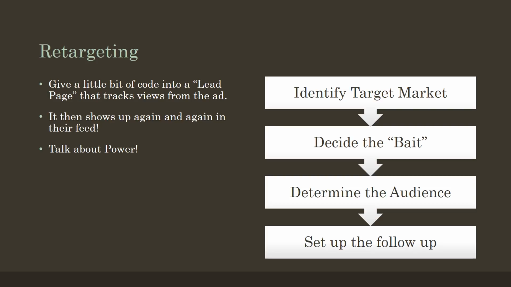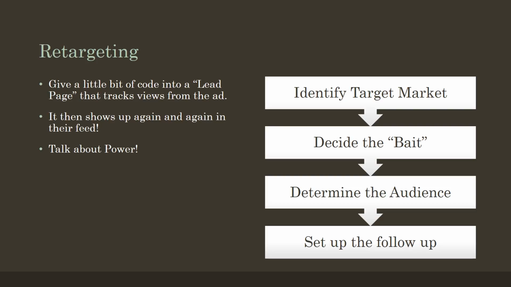So let's say that you have a real estate market and you're looking for people who want to buy a home in the next 6 to 12 months. Well, let's say they clicked on your ad, they went to your website, but they didn't fill out any forms and they didn't actually give you any information. What the pixel does is it tells Facebook, hey, this person clicked on this ad, but they didn't do anything. You should show this to them again and again and again.